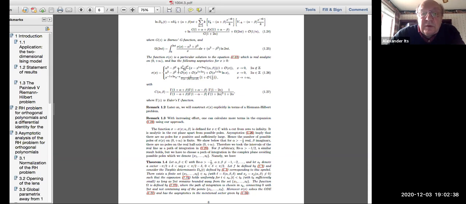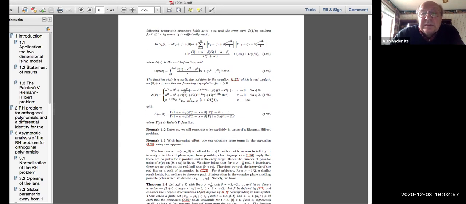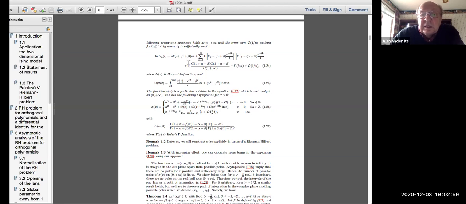This is a non-trivial fact, which I can establish because I have this Riemann-Hilbert representation for that Painlevé 5 sigma function. So I know how a solution which behaves like that at plus infinity behaves at 0. And this behavior is exactly what is needed for this formula to become the Séguin formula when t is fixed and n goes to infinity.